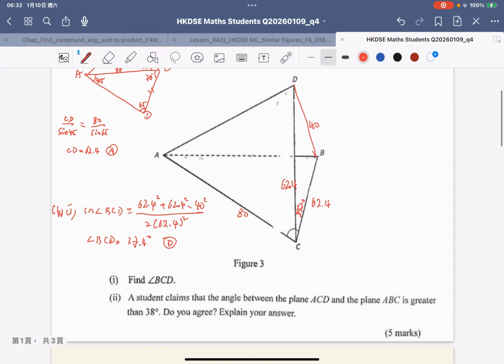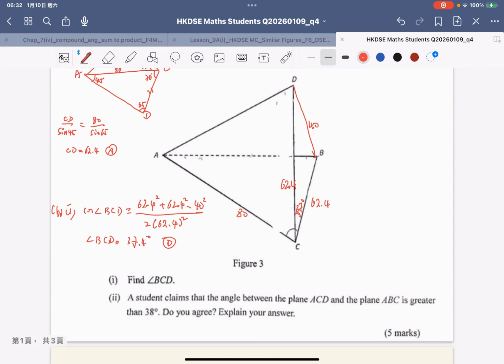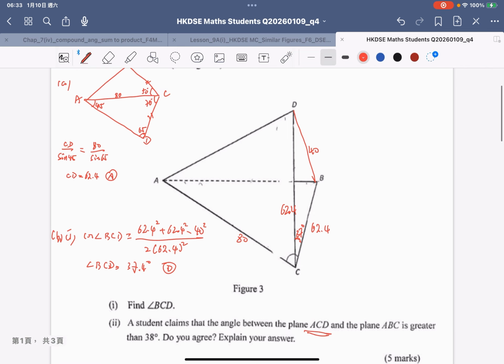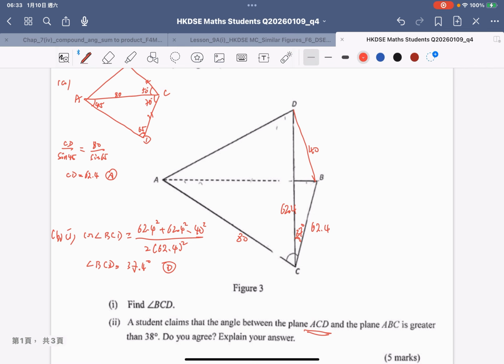Next, a student claims that the angle between the plane ACD, this plane, and the plane ABCD, this plane, is greater than 38 degrees. At first we have to know the angle between these two planes. I try to draw a perpendicular line, as the common side of the two planes is AC.